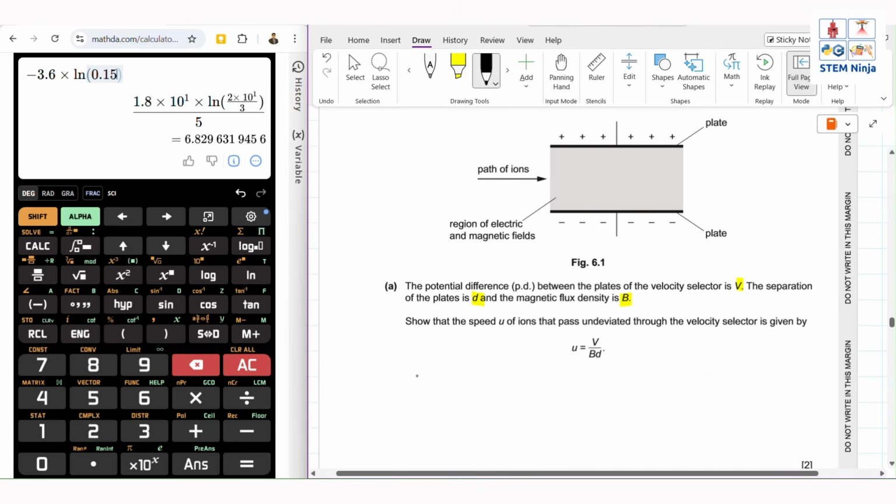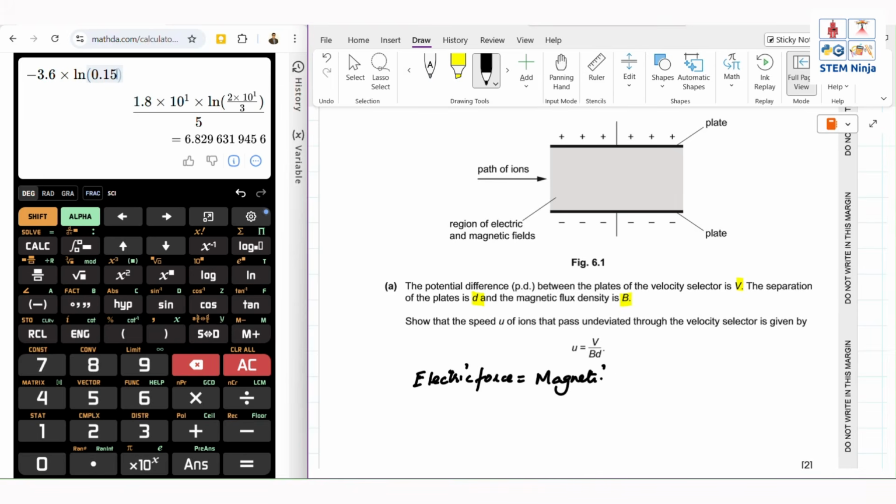So first off, we need to show that the electric force equals magnetic force in the case of the velocity selector. So QE equals BQU. They have already given us most of it. And we have to write E is equal to electric field strength also.